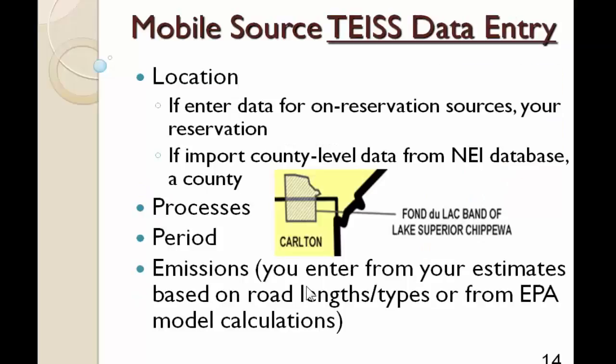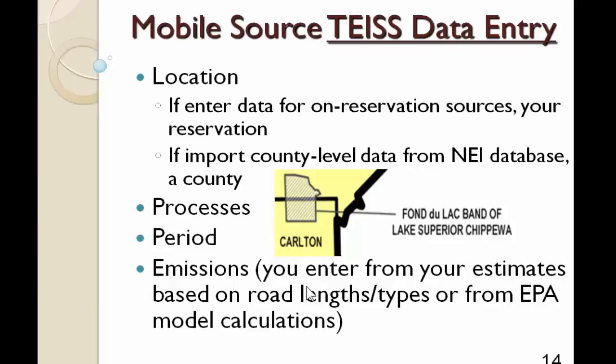In terms of TEISS, where the data for mobile sources goes, obviously the location, and if you're looking at just tribal land and the activity from sources on tribal land, then the location would just be the tribal land. If you're looking at county level data from the NEI database, then the location would be a county. The processes are obviously critical. Sometimes there's more than one.